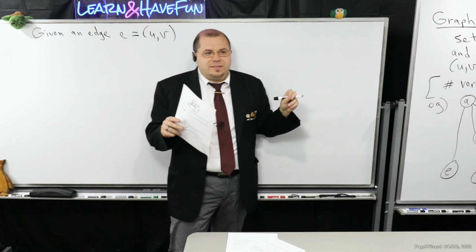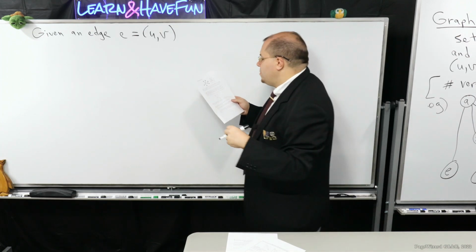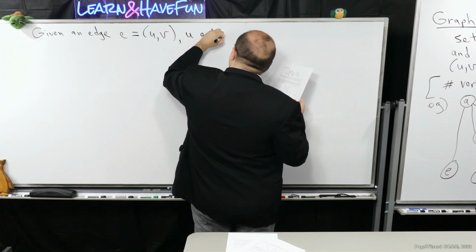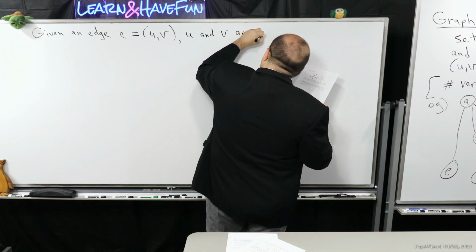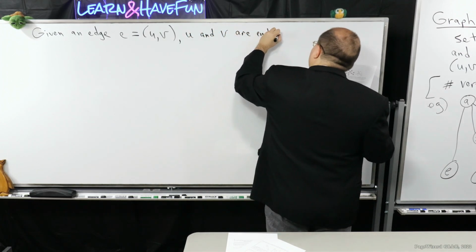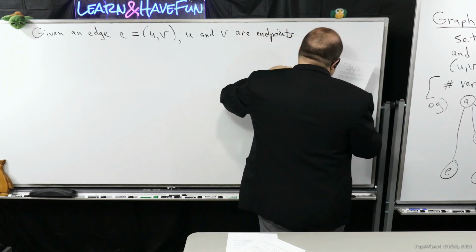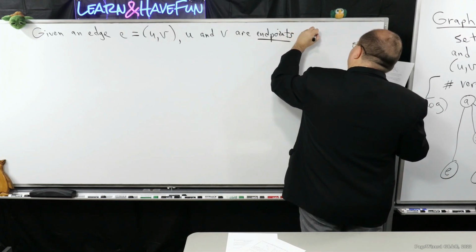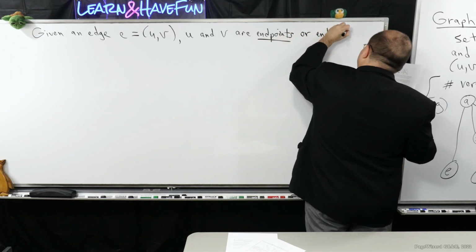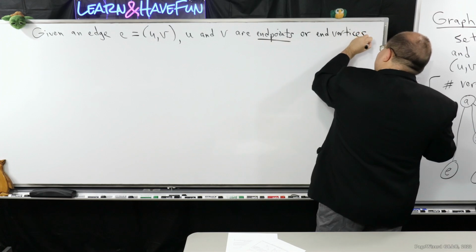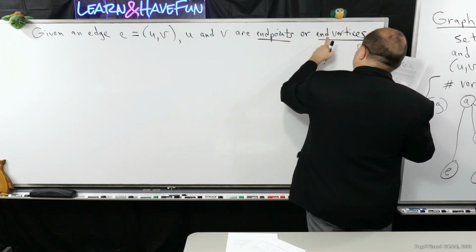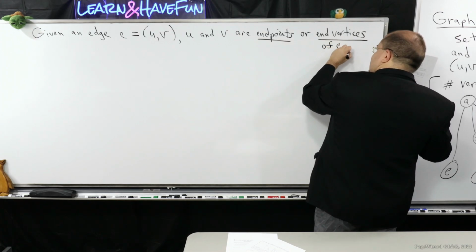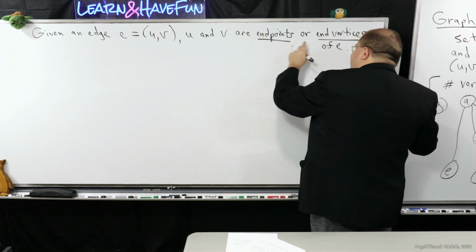What I would say is that U and V are endpoints, or end vertices, which is not as common as the first of these two, but I've seen it used before. So these would be referred to as the endpoints of E.